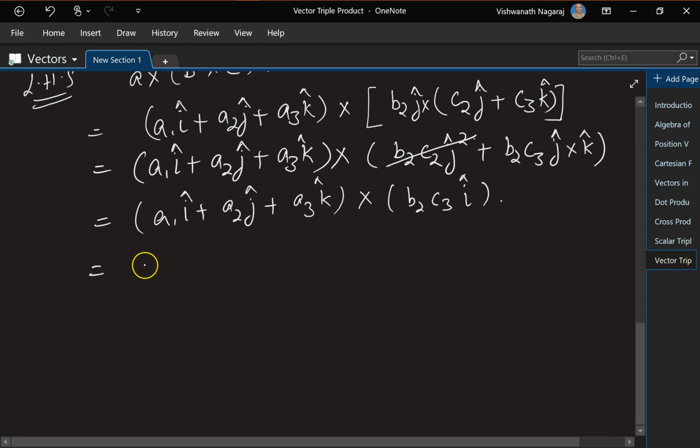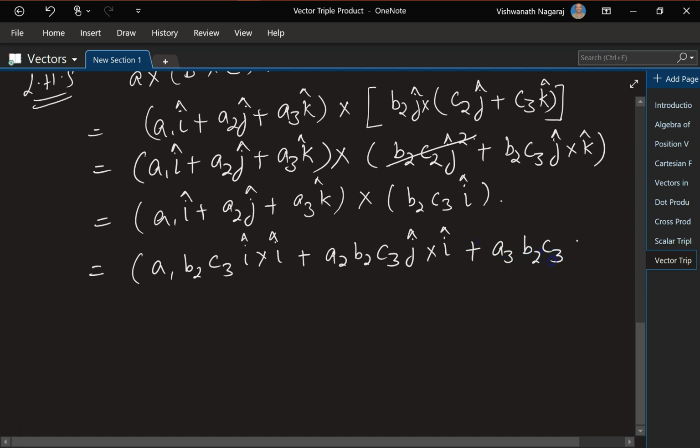Okay. So now A1 B2 C3 I cross I plus A2 B2 C3 J cross I. Remember, you have to write it in that order itself because it is not commutative. Plus A3 B2 C3 K cross I. Okay, we don't really require this bracket.